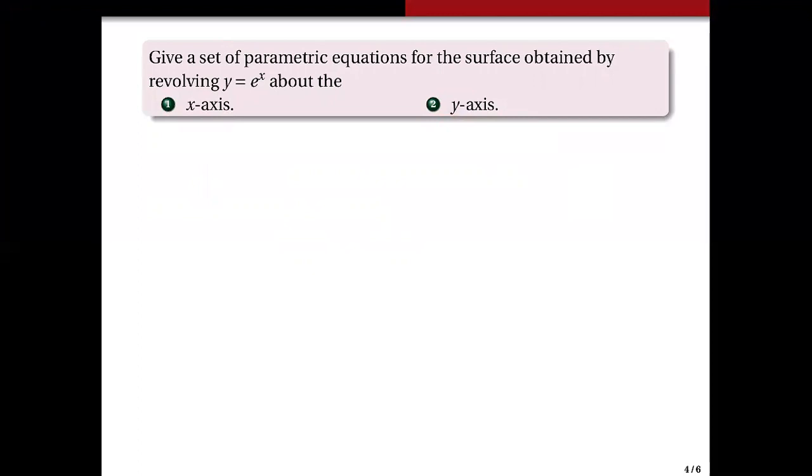In your calculus 1, we did something like this. We wanted to get volumes of solids of revolution.